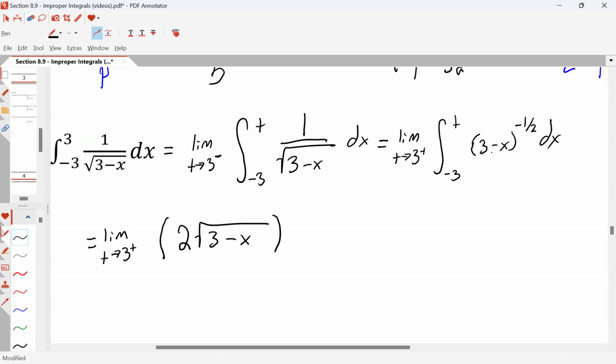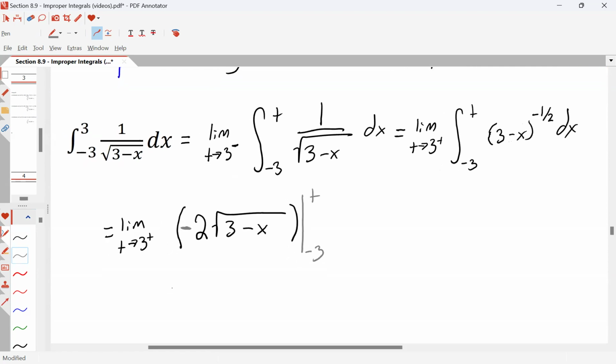But there is also a coefficient on that x, and just like with chain rule, that's going to affect our antiderivative. It's a u-sub effect where we're just going to divide by a negative, and dividing by a negative is the same as multiplying by the negative. So our antiderivative is -2 square root 3 minus x, evaluated from -3 to t.